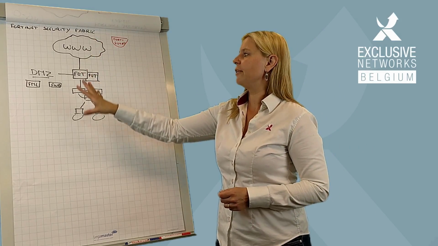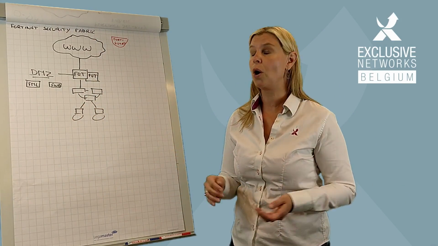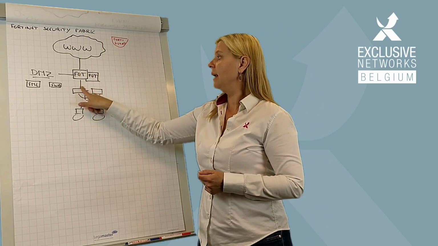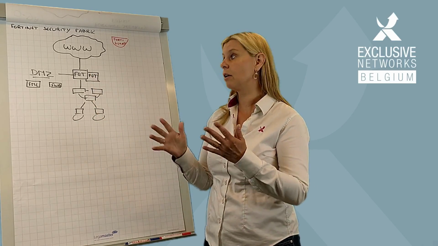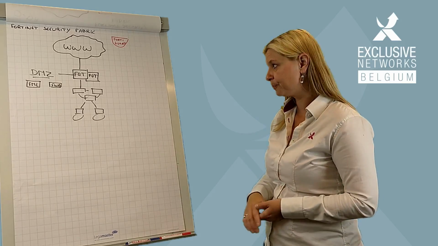So I have already drawn an internal network of a certain company. We have the internet and our perimeter firewall, which is a FortiGate, a cluster of FortiGates. We have our internal network.